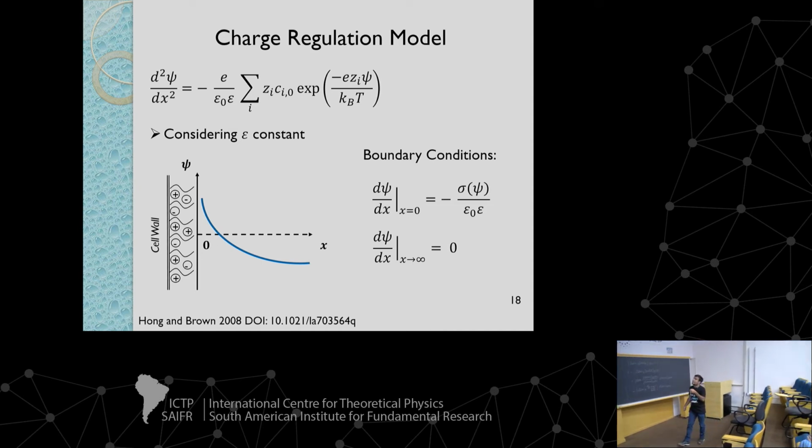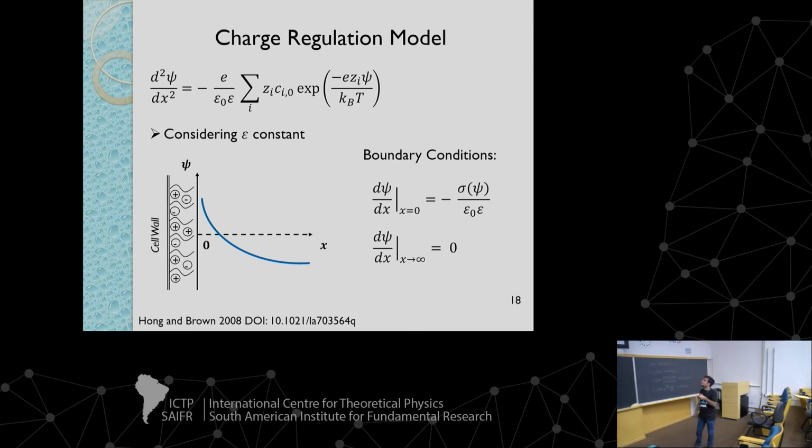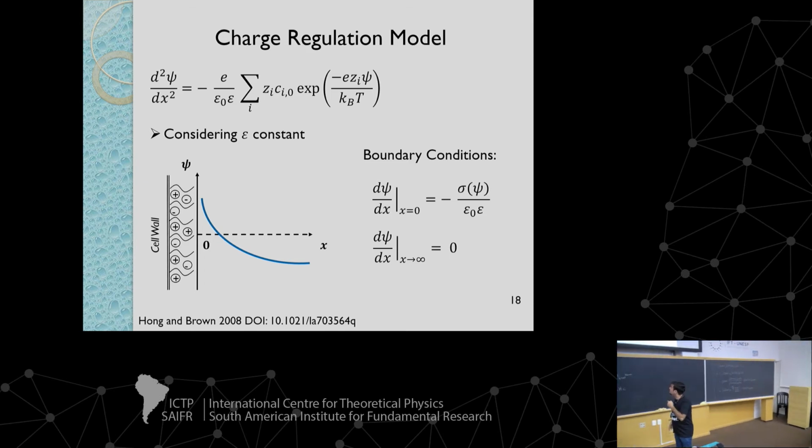So again, I'm applying the Poisson-Boltzmann equation. Here we have the boundary conditions, considering the charge at the surface and the charge at bulk equal to 0. Note that this surface charge density, in this case, depends on psi, because we are using a charge regulation model.